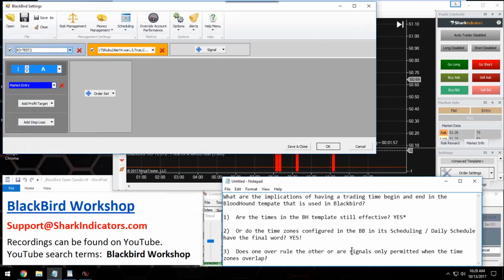The Bloodhound signal has to occur, of course, and then Blackbird's scheduler also has to be in a time period when Blackbird is allowed to take that trade signal.